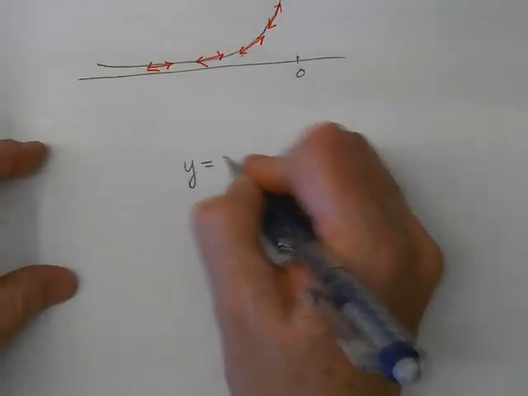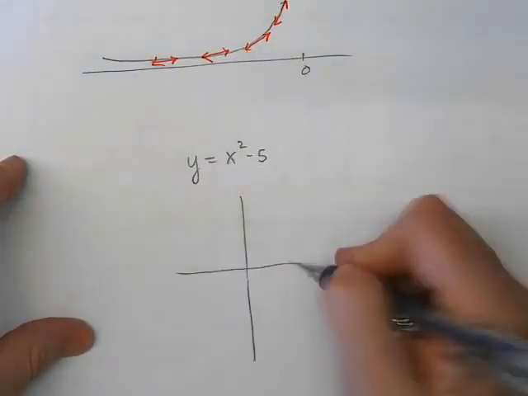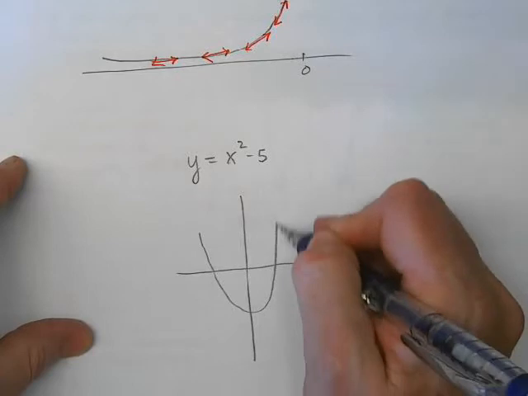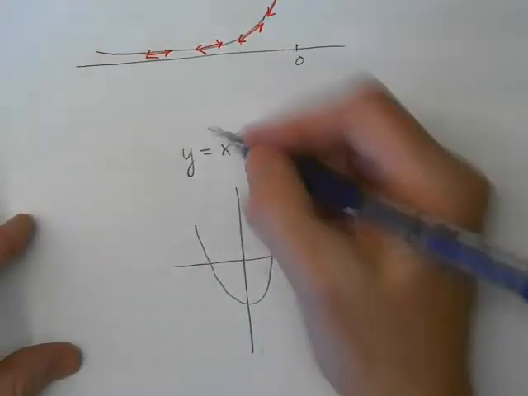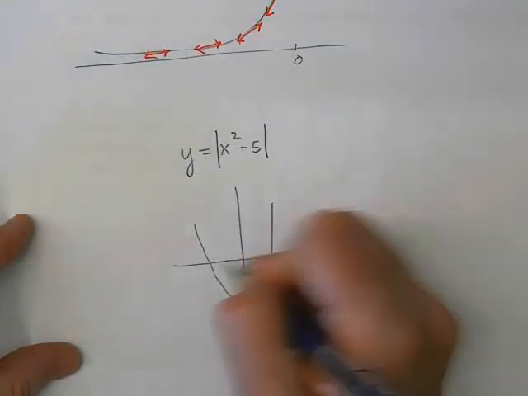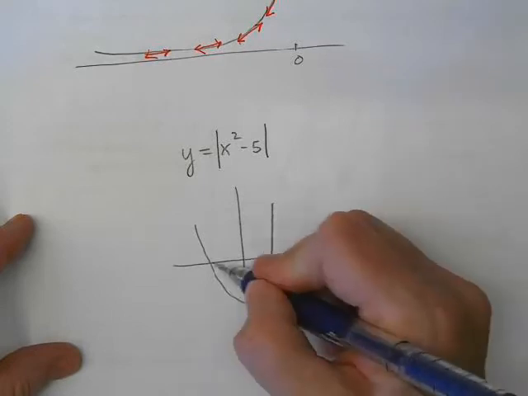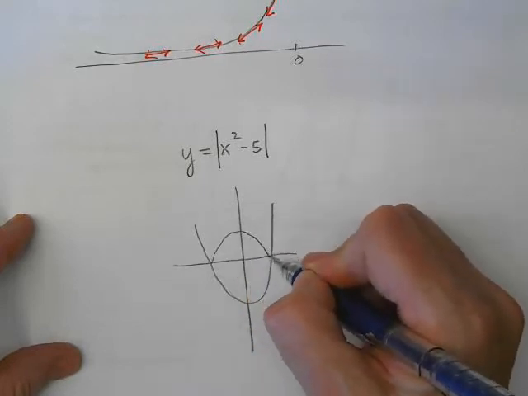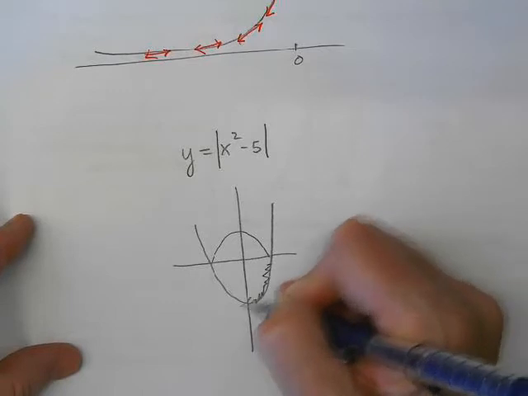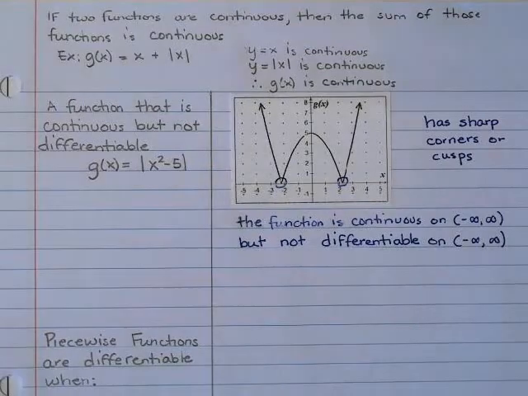So I want you to think about the graph of x squared minus 5. That graph would go like that. Well, if I put absolute value bars on it, I can't have any negative numbers, right? It all has to be positive. So wherever it's negative, you reflect that over the x-axis, and then you get rid of the original.